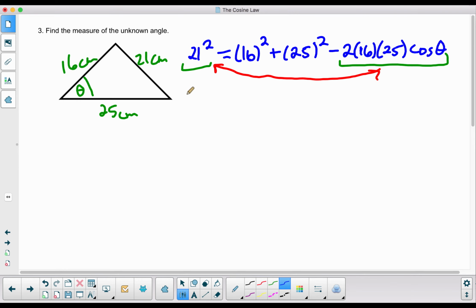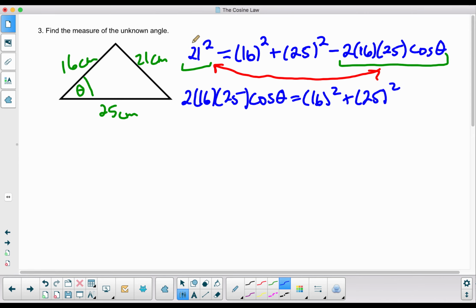So moving it to the left, we get 2 times 16 times 25 cosine theta equals 16 squared plus 25 squared. And then if I move 21 squared to the other side, it makes it negative. I should have put it in brackets already.